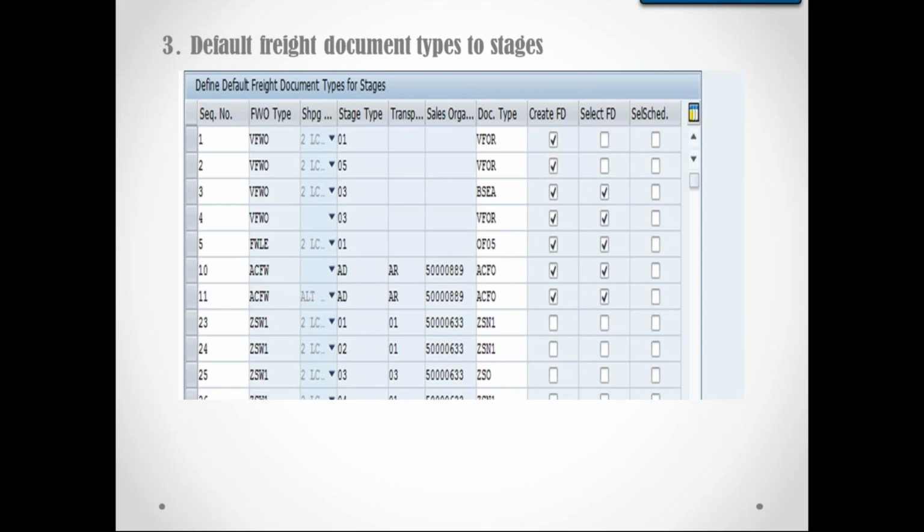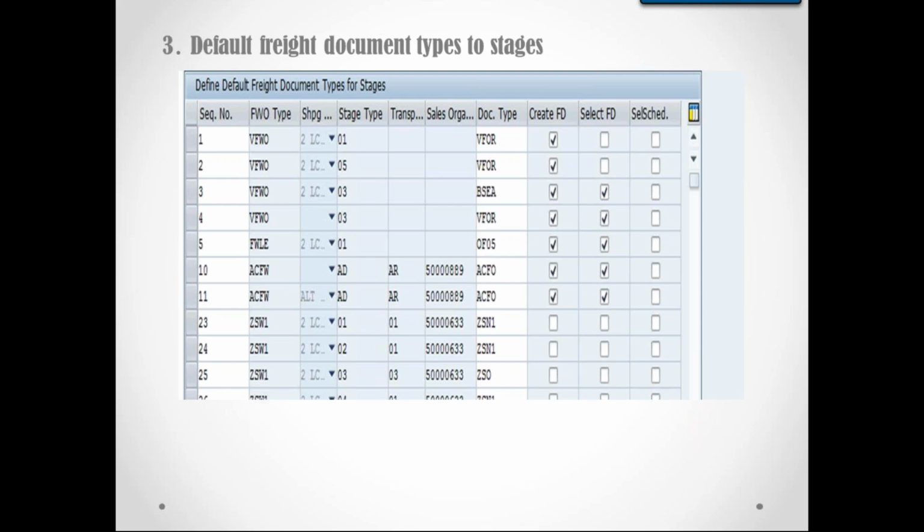The forwarding order type is FPO, and this document type is freight order. The freight order is a subcontracting document from the LSP to the carrier. So these document types VFOR, BSEA are all subcontracting documents.